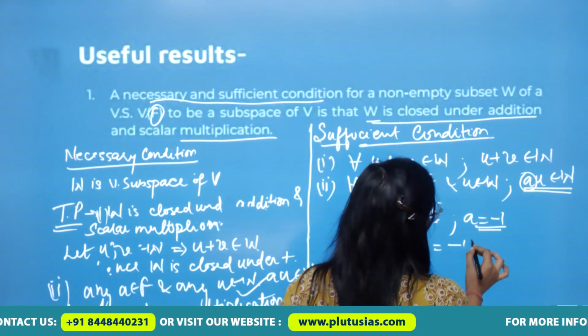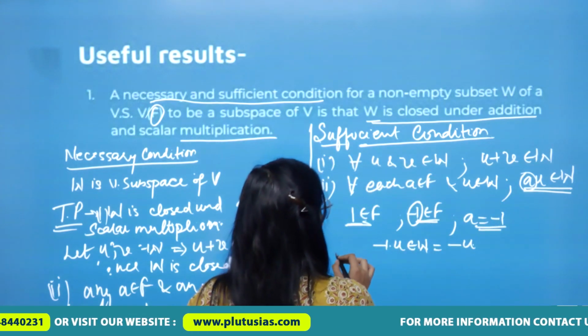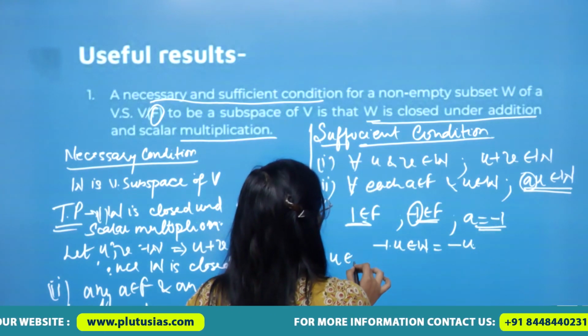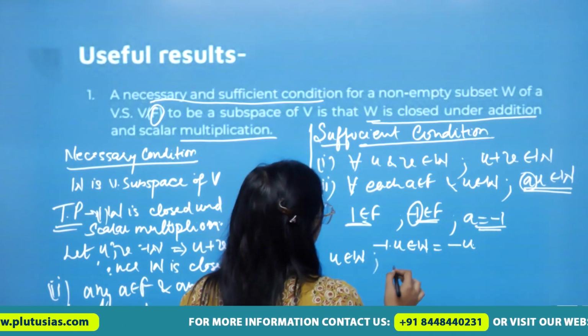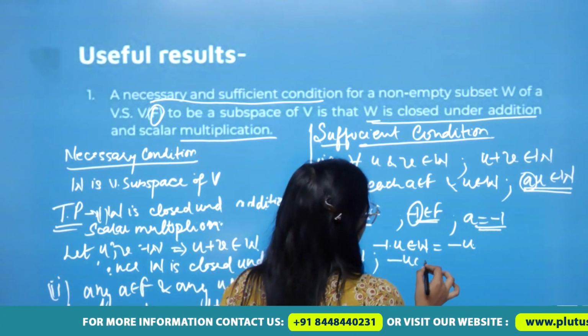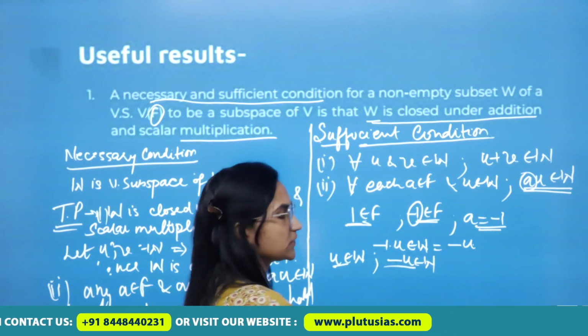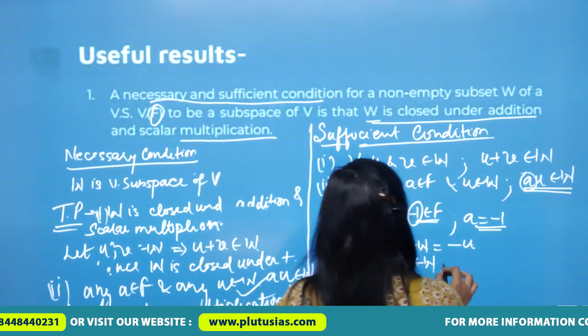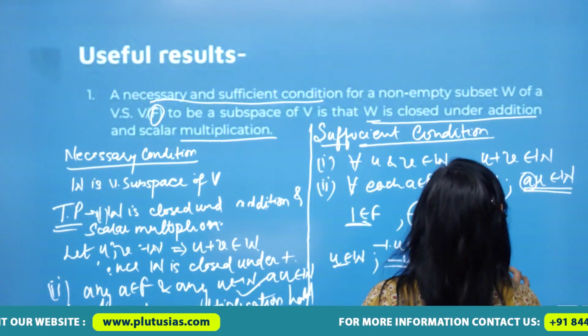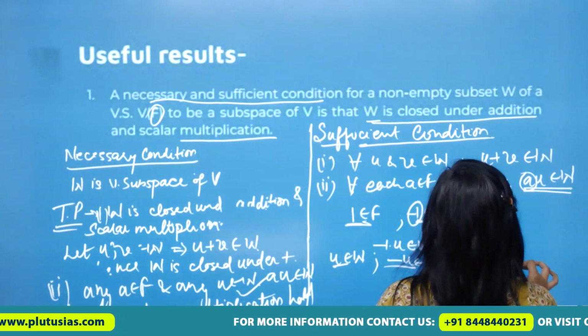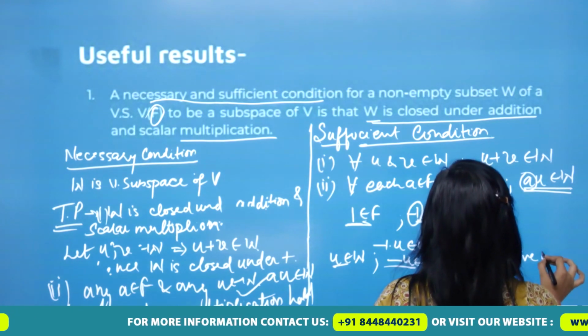Nothing but minus of u. Now u was any element of W, and we have proved that minus of u belongs to W. This is the inverse of that element. Hence we have proved that additive inverse exists, right?